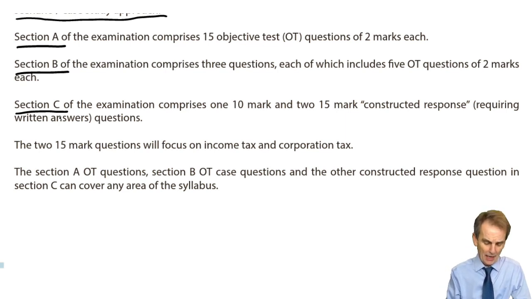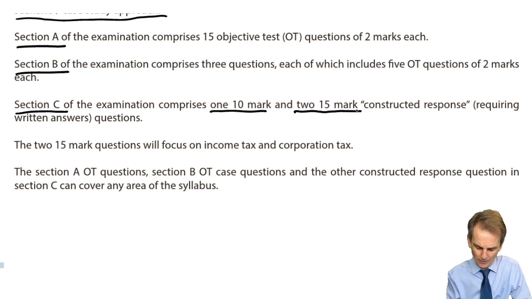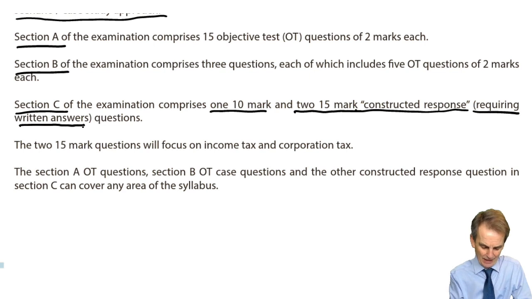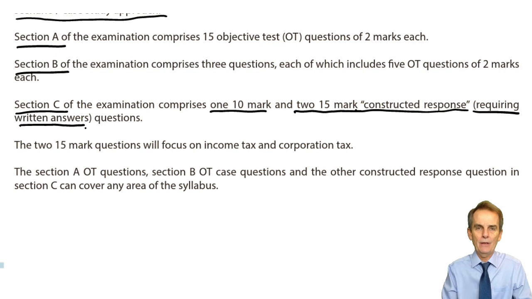Let's just look at how and where they will be tested, the things that we can be almost sure of. Well, to begin with, in Section C, we can be sure of something, and that is that we're going to have, in addition to one 10-mark question, two 15-mark constructed response questions. That's a fancy title. Constructed response, i.e. it requires written answers. Now, when I say written, that doesn't necessarily mean we're talking about a narrative answer.